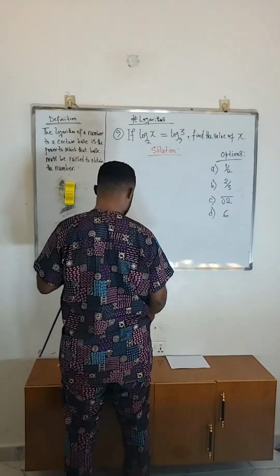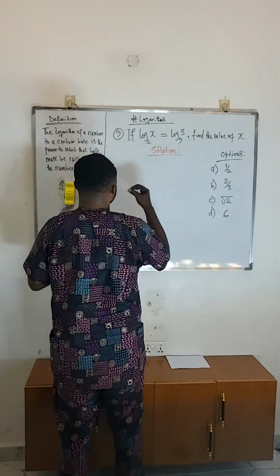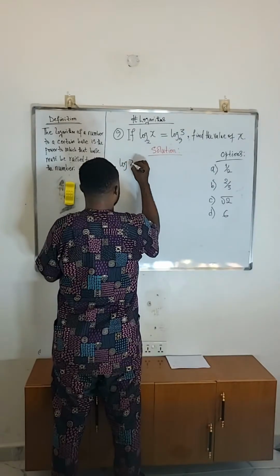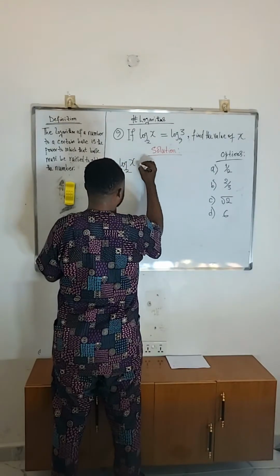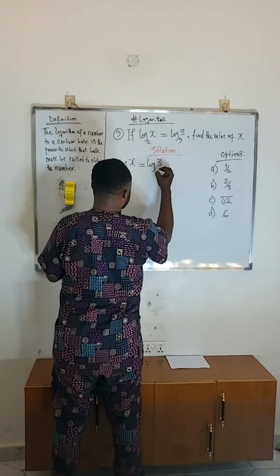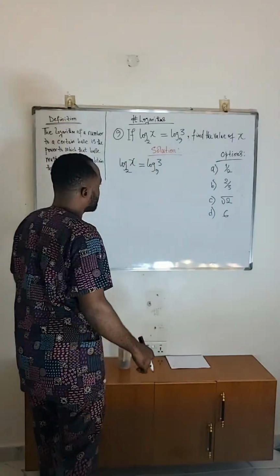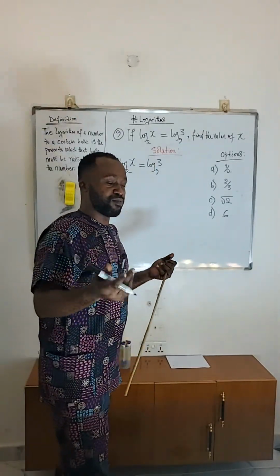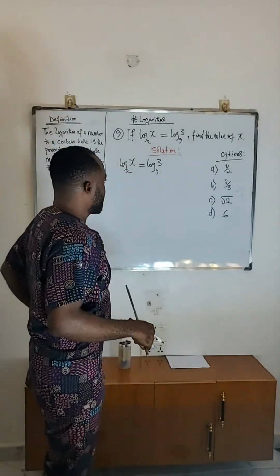So we bring this question down here. Log x in base 2 to be equals to what? Log 3 in base 9. How do we solve this? Though it looks simple, it's tricky. All right.